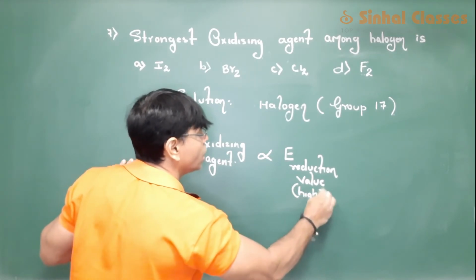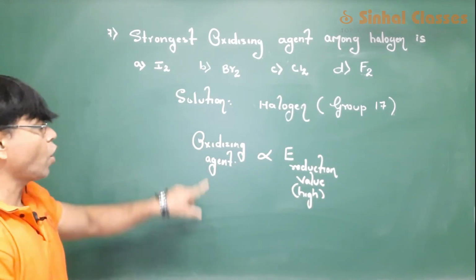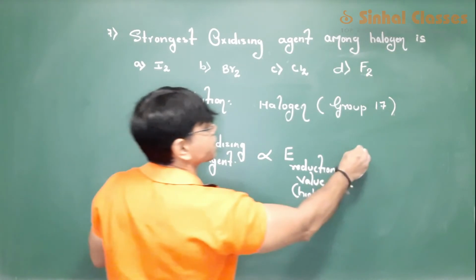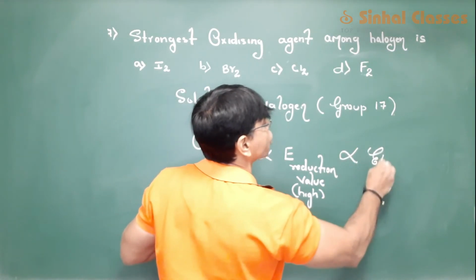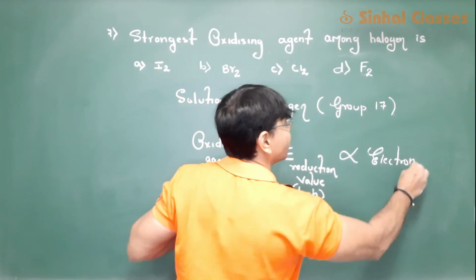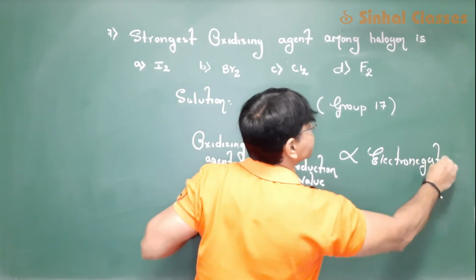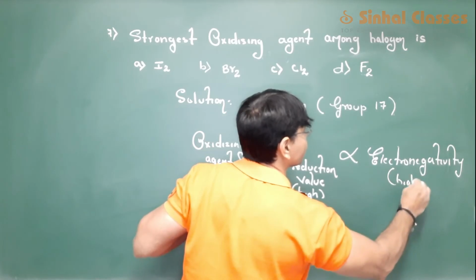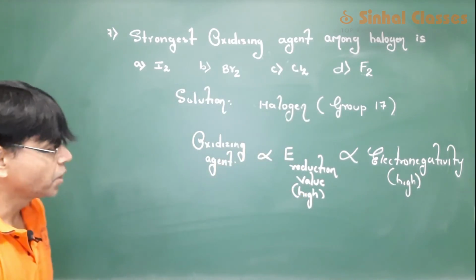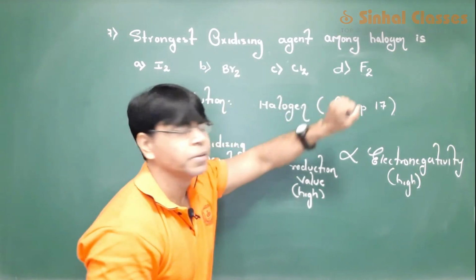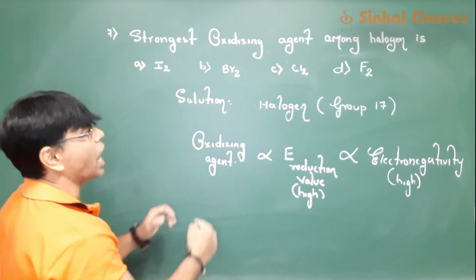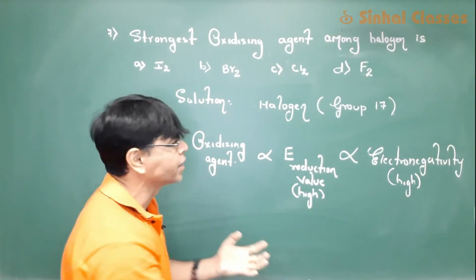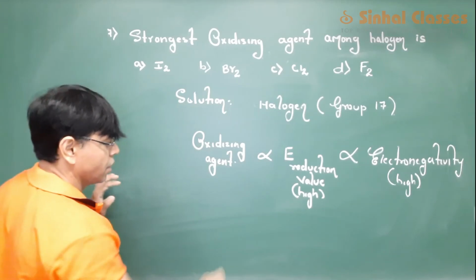At the same time, oxidizing agents are those which have very high electronegativity. So if you see among them, the one which is highly electronegative, we already know it, it is fluorine.